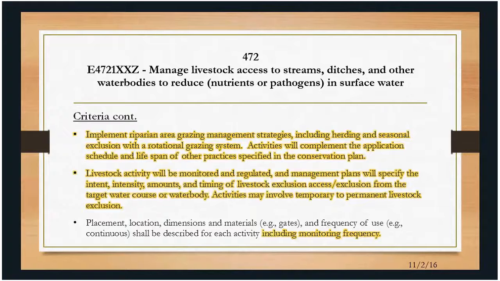The livestock activity will be monitored and regulated very specifically. These activities may involve temporary to permanent livestock exclusion. The placement, dimensions, materials of gates, and frequency of use shall be described for each activity, including monitoring frequency.